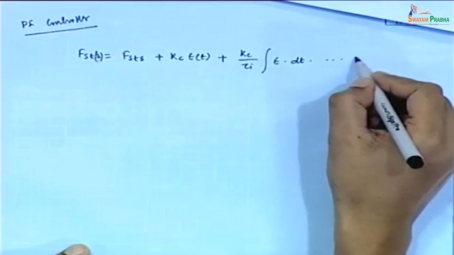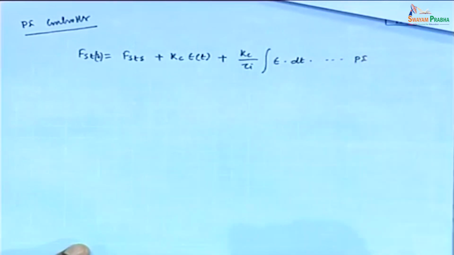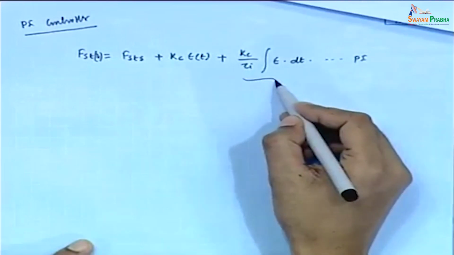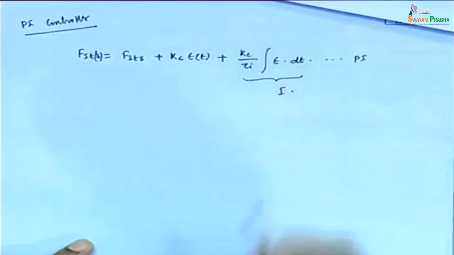This is the PI controller equation. Fine. So, this is the integral term. As long as the error is present, the PI controller keeps changing its output by integrating the error.